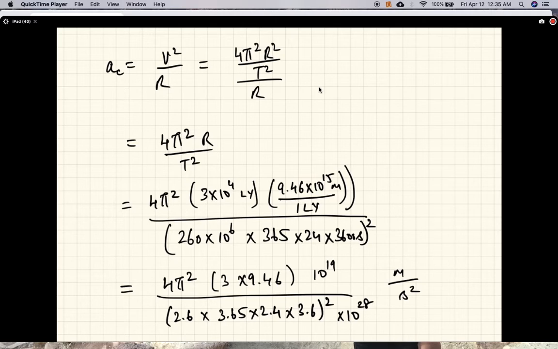All right, so you can already see that the acceleration is going to be tiny. An inertial frame is a frame of reference that's non-accelerating, and the acceleration of the sun as it travels around the galaxy is essentially zero. So you can see that it can easily be considered an inertial frame.